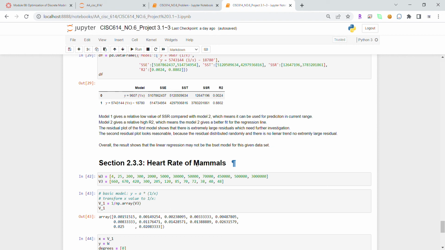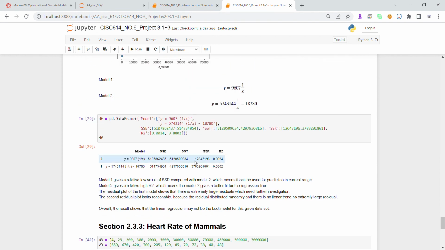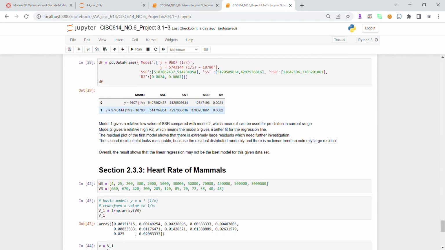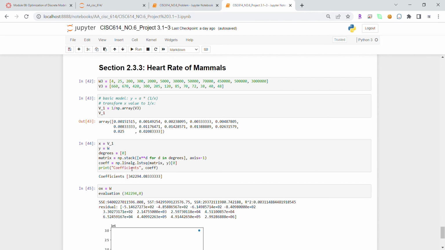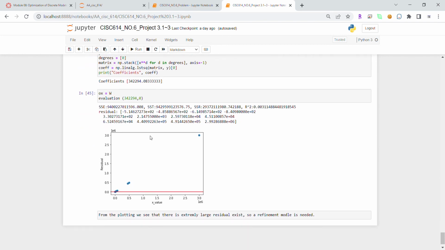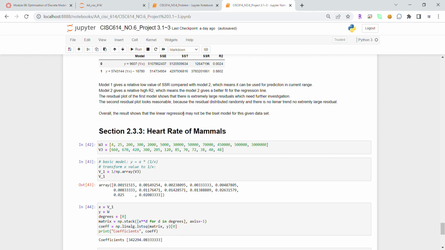So we are going to use the basic model as in the previous project. So here I got the results, and the residual plot shows that there is extremely large residue. So a refinement model is needed for this project.